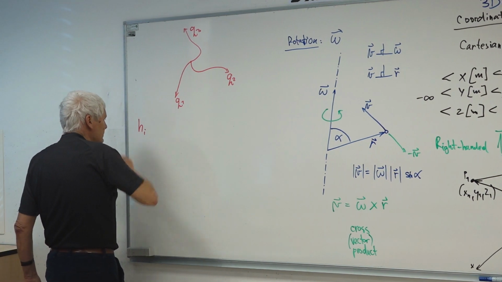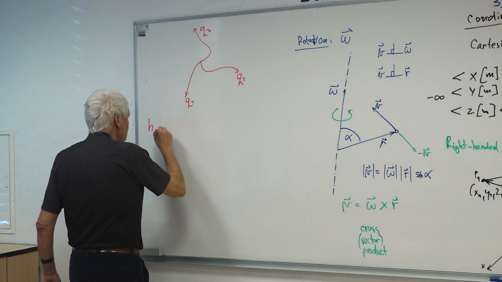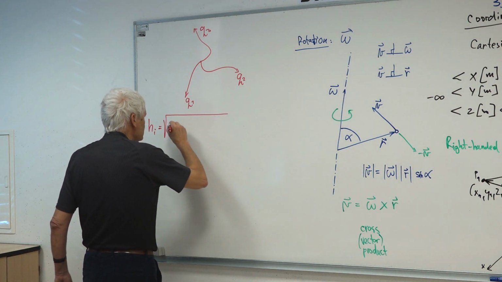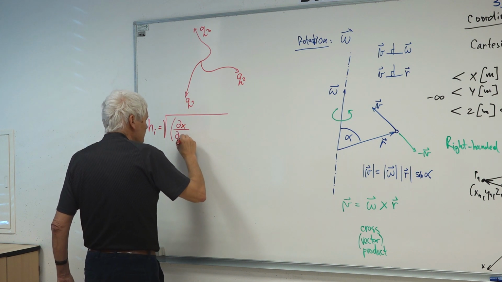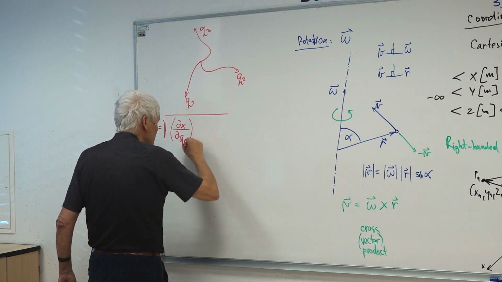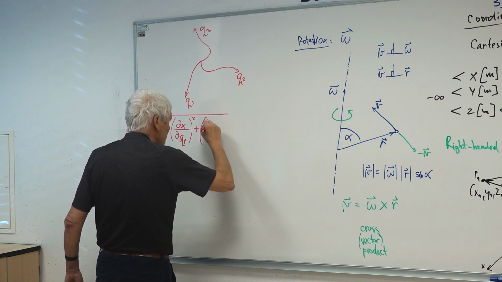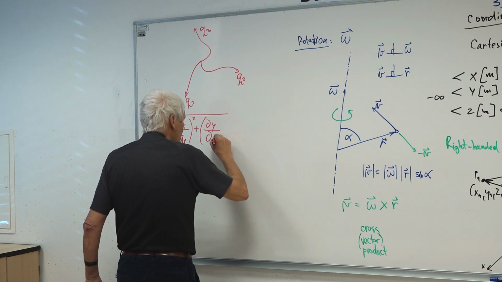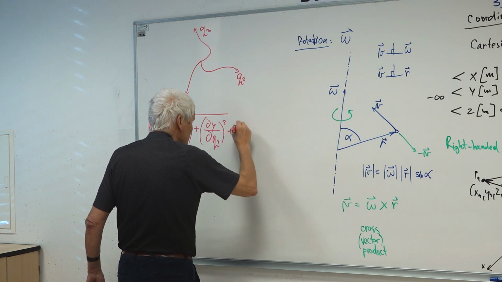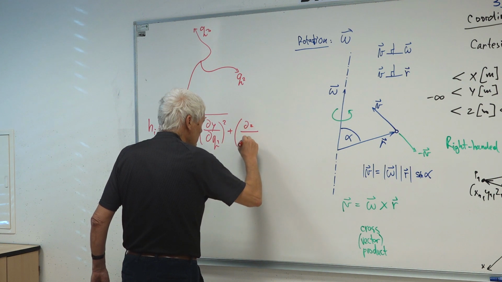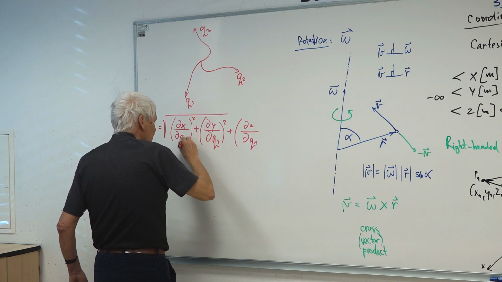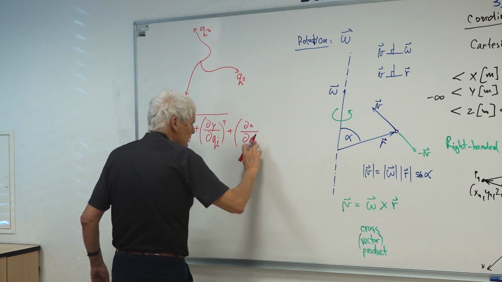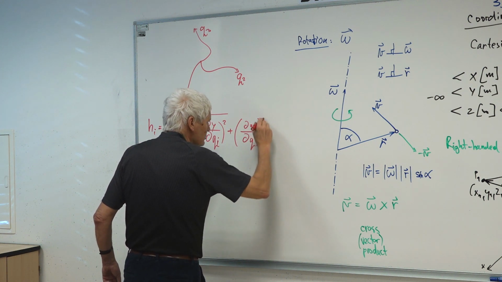So h_i for the ith coordinate is defined as the square root of the partial derivative of Cartesian coordinate x over q_i squared plus partial derivative of y over q_i squared plus partial derivative of z over q_i squared.